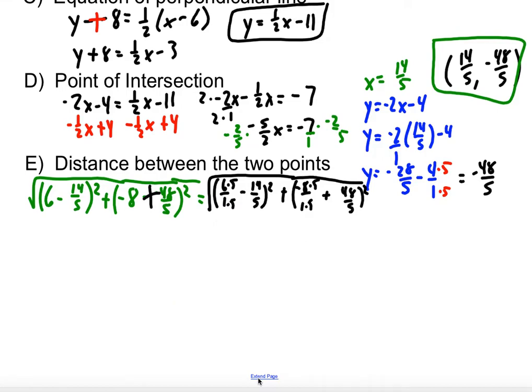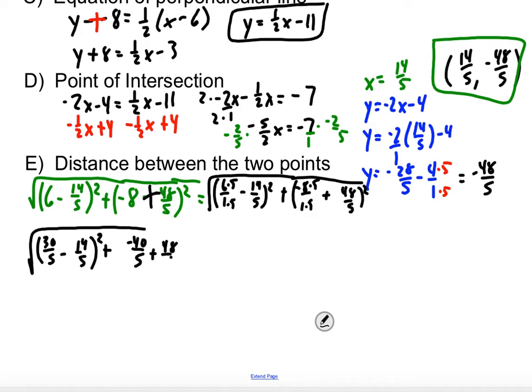So doing so, I'm going to get 30/5. And then the second one, I'm going to get -40/5. So 30/5 minus 14/5 is going to give us 16/5.